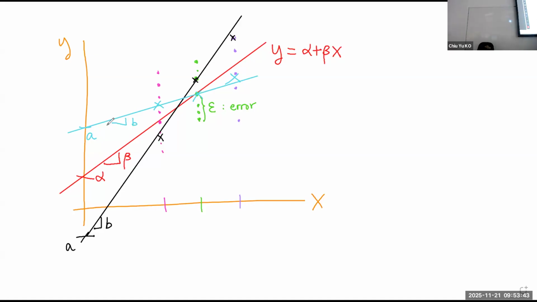But if you're willing to accept these assumptions, the estimator is unbiased, which means that you run one regression and get one set of A and B, run another and get another A and B, and you have many A's and B's. If you run many regressions, the average of these A's will give you the right alpha, and the average of these B's will give you the right beta.